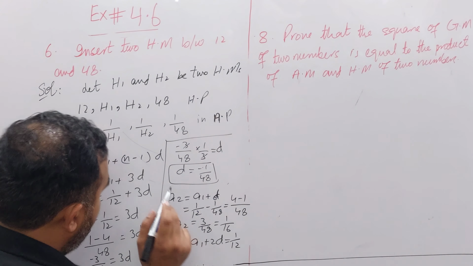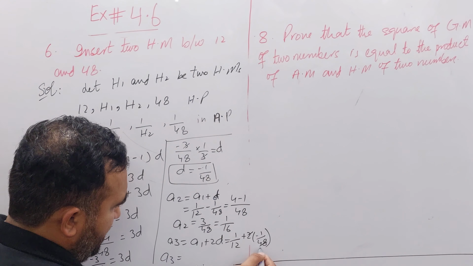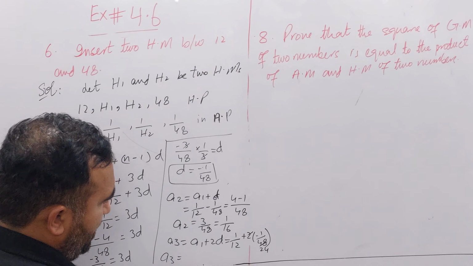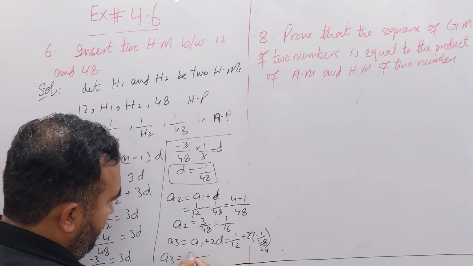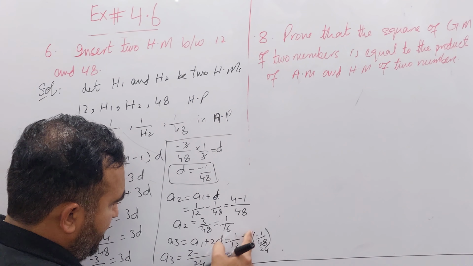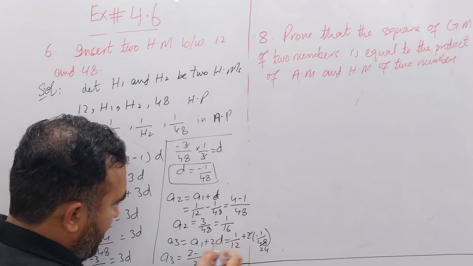If we cancel this 48 with 2, we get 24, and the LCM of 12 and 24 is 24. We will get 2 over here and minus 1, so that will be equal to 1 by 24. So a3 is equal to 1 by 24.